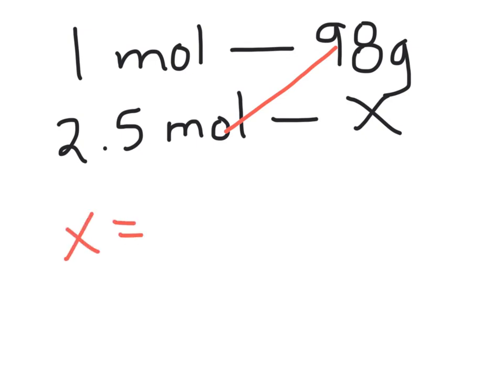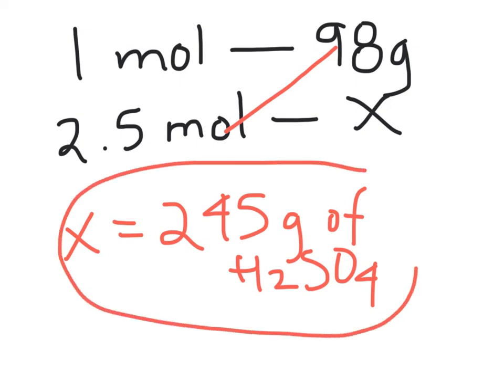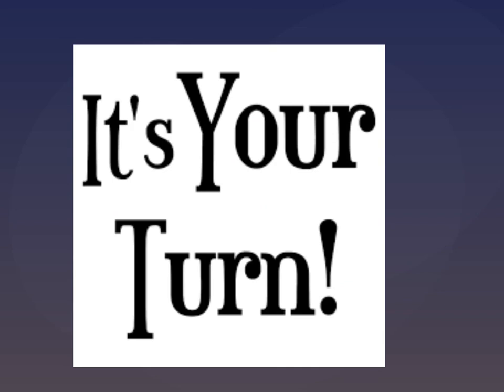So, 2.5 times 98, the result is 245 grams of sulfuric acid. And now you need to round it. Remember, now it's your turn to do your own exercises.